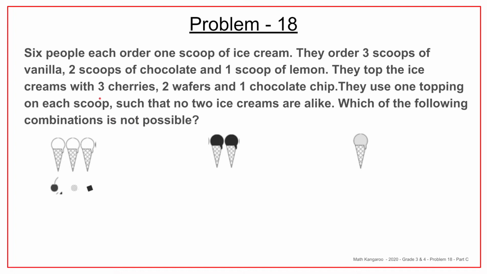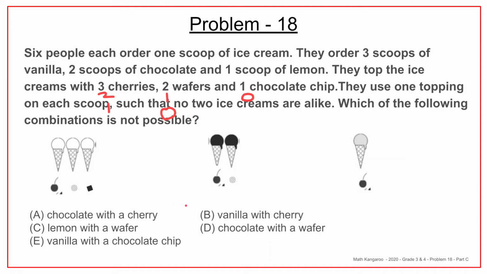So we are done with 2 here, 1 and 0. Then comes 1 cherry and 1 wafer. So we have 1 here and 0. Now what we have left is 1 cherry. So we have all toppings unique, and that is what our requirement is.